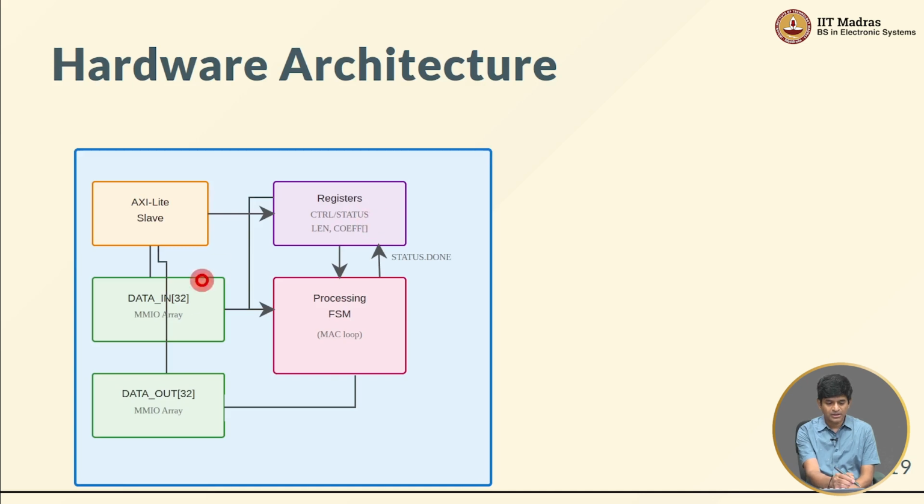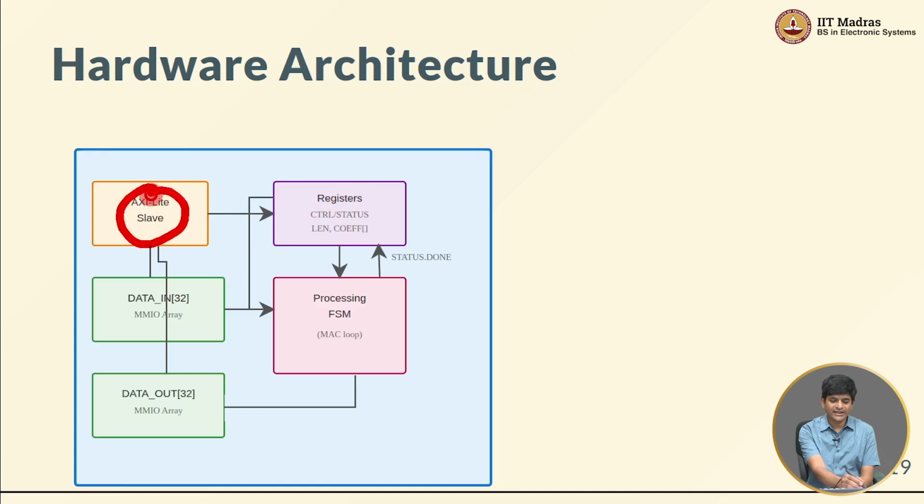You have the data input and the data output, which are basically connected to this. So the data input sends data into the processing and then it comes out and gets written into the data out. And both of these blocks ultimately are connected to the AXI Lite slave, as is this set of registers.